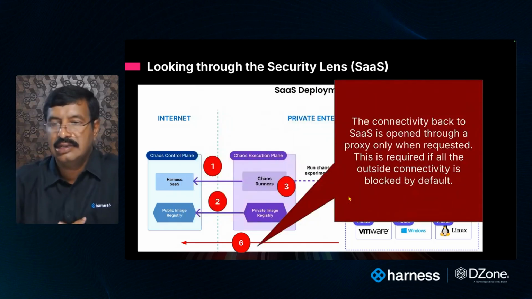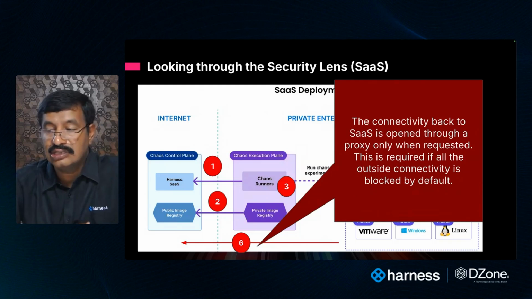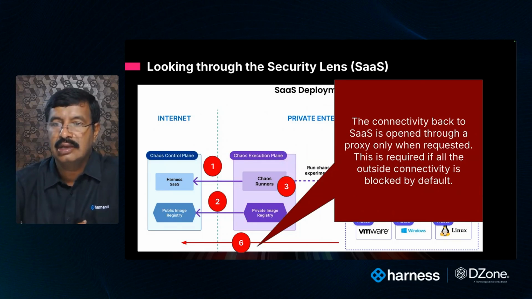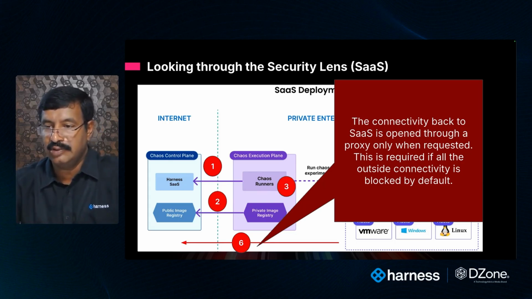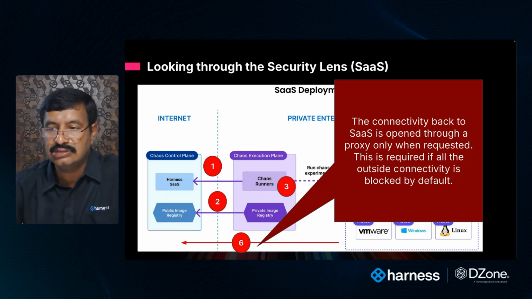And many times, especially in financial services and large enterprises, you will not have connectivity from your core systems to the internet at all. If you're using a SaaS service, it's still possible to securely run chaos experiments and work through the SaaS control plane. How you do that is by putting a forward proxy in the required place, and the tool should be able to apply this proxy configuration dynamically to all the chaos experimentation execution logic.